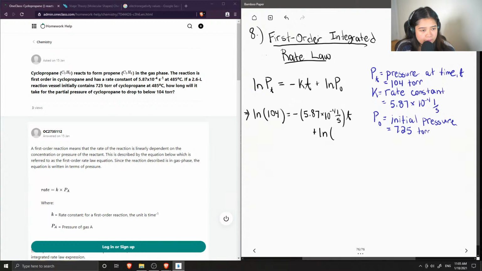Plus ln of our initial pressure, which is 725 torr. Okay, so now let's try to simplify this. When we take the ln of 104, you get around 4.64. Negative 5.87 times 10 to the negative 4.